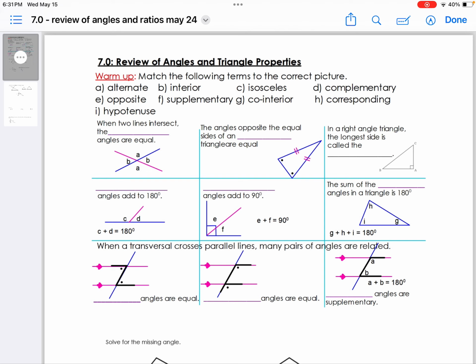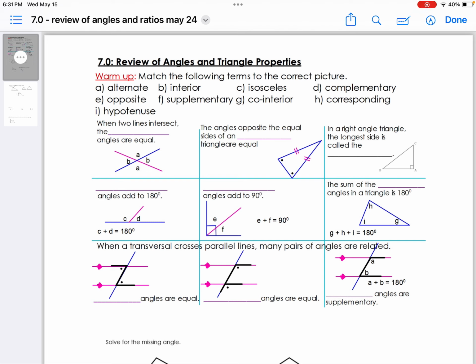And some of these words like alternate and supplementary and complementary angles, it's more important about the relationship that those angles have as opposed to remembering what they're called. Whereas something like the hypotenuse, we're going to review today, and we're going to need it for chapter 8 as well.